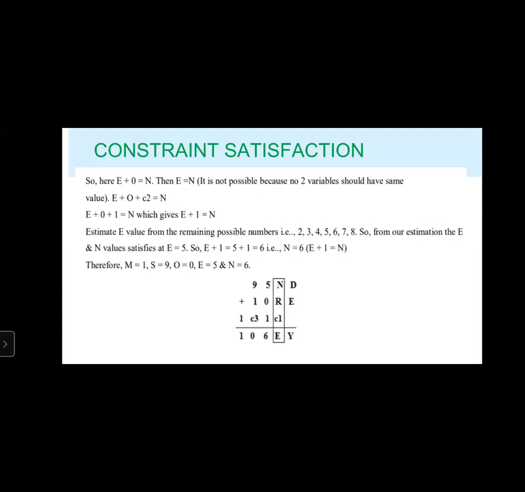So E plus O plus carry equal to N. Here O equal to 0, so E plus 0 plus carry 1 equal to N, which gives E plus 1 equal to N, then E equal to N minus 1. Here we estimate the E value from the remaining values of E and N. So N equal to 6.